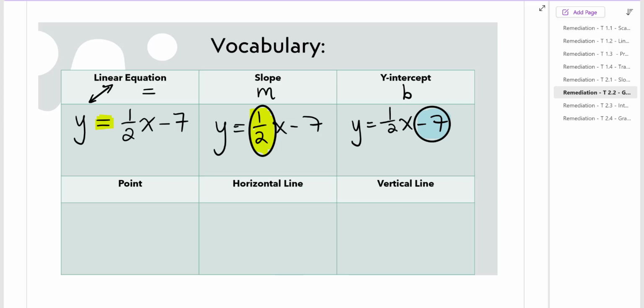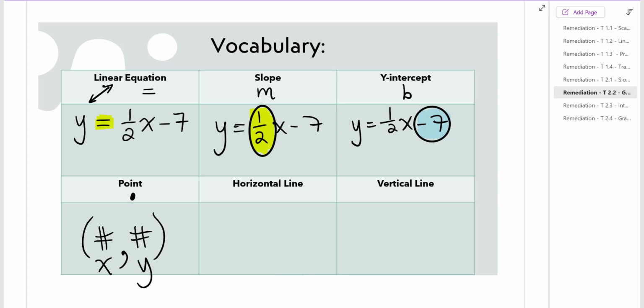All right, a point obviously looks like this, but it has two numbers. Tiene dos números, un punto. The first number is represented by x, the second number is y. So el primer número en un punto es x y el segundo número en un punto es y.